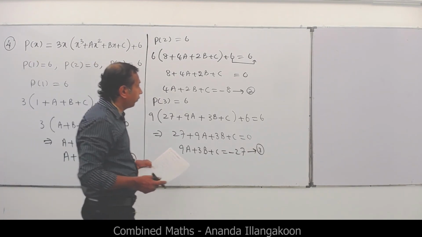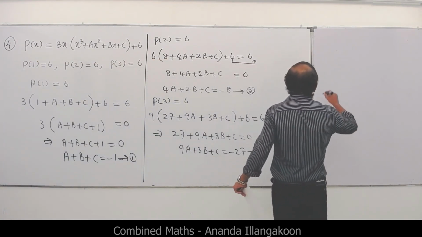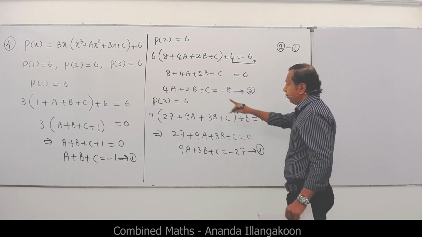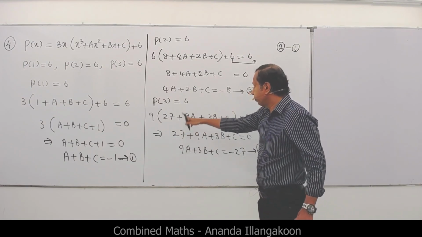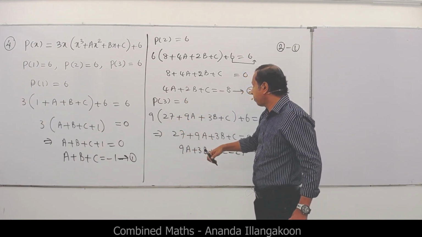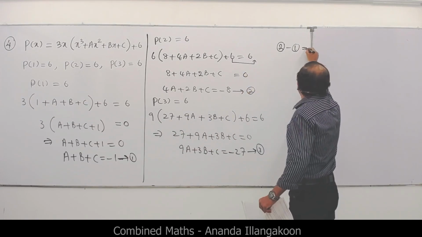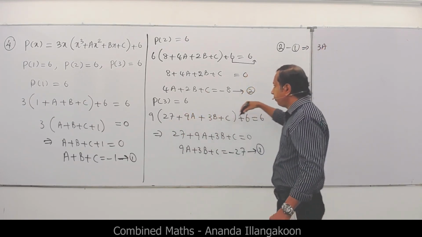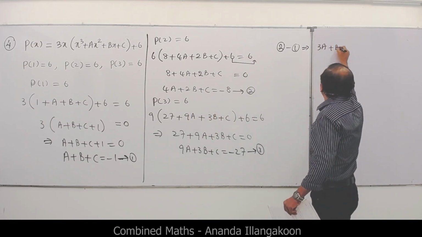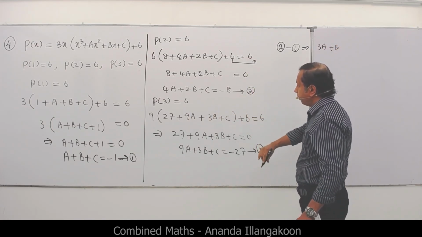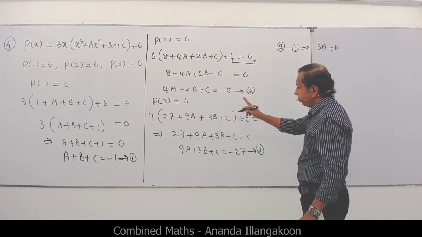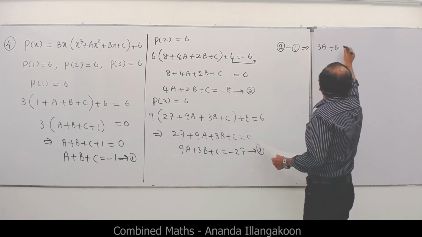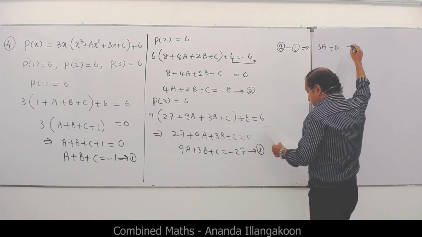Now we can take 2 minus 1. Here this is 2, over there 1. 4A minus A, 3A. 2B minus B is B. C minus C will be 0. Minus 8 minus minus 1, then we get minus 7. Let us take this as number 4.